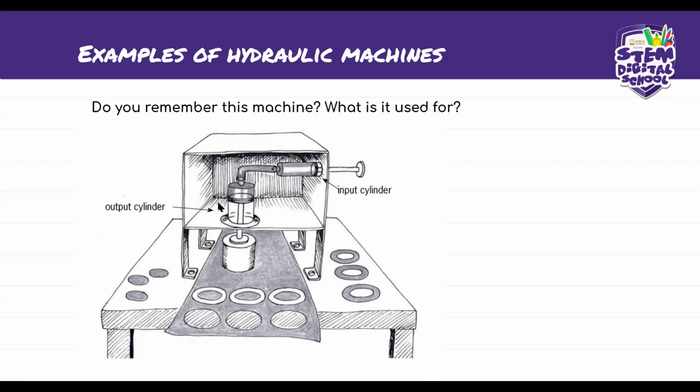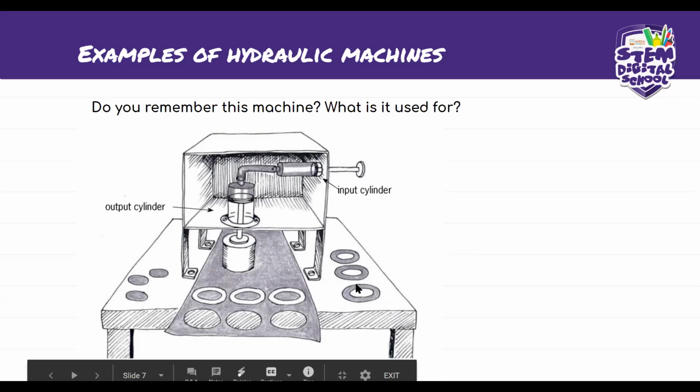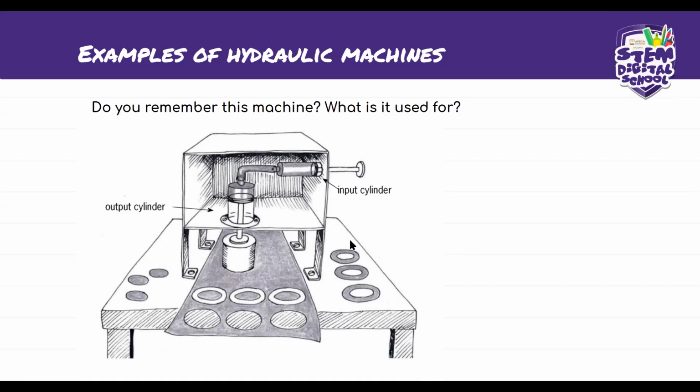A hydraulic system. That is why we call this a hydraulic machine. It is one of the hydraulic machines that you looked at. You must just understand how it works, because there are many other hydraulic presses used for different functions. We'll just look at another one.